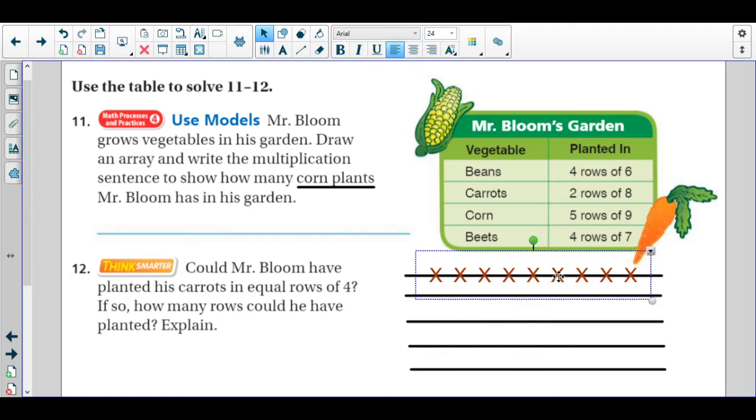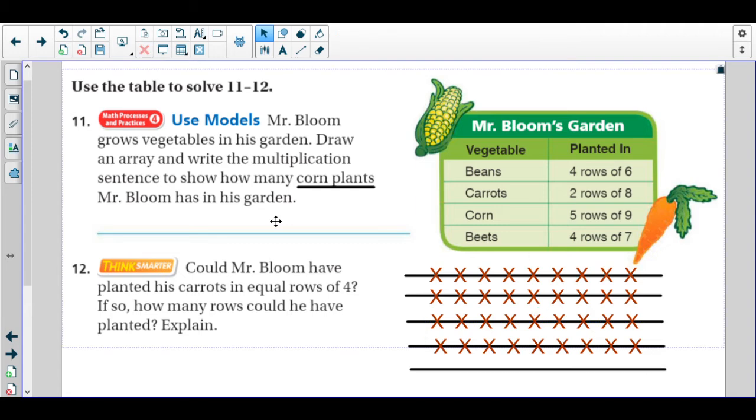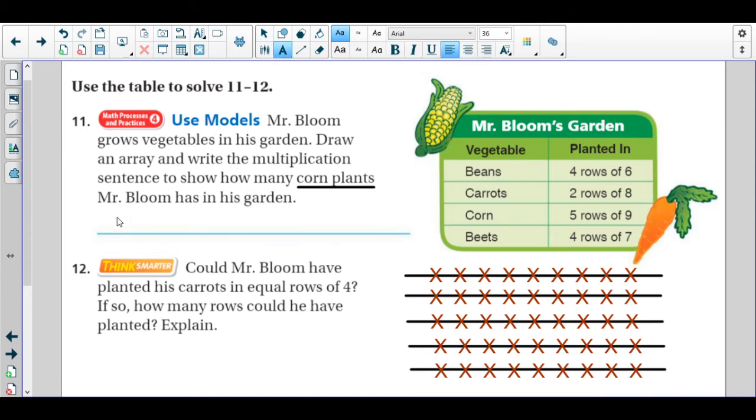So there's a row. And then another one. We got one right here. That's looking good. And that's looking good. So the answer right here, we've drawn the array. Now write the multiplication sentence. Okay, we have 5 rows of 9, which equals 45.